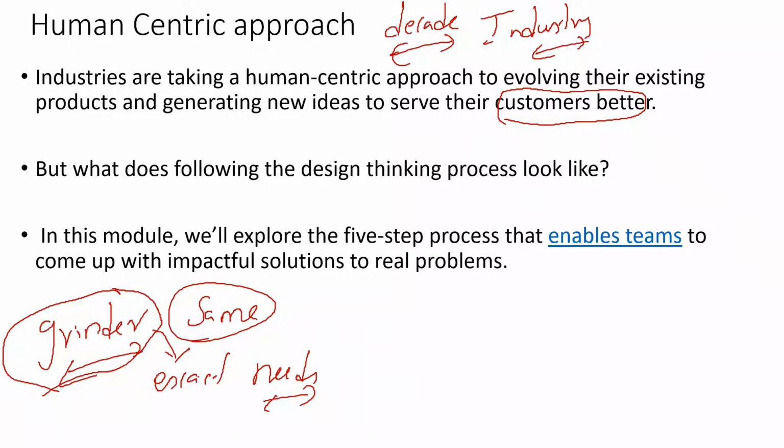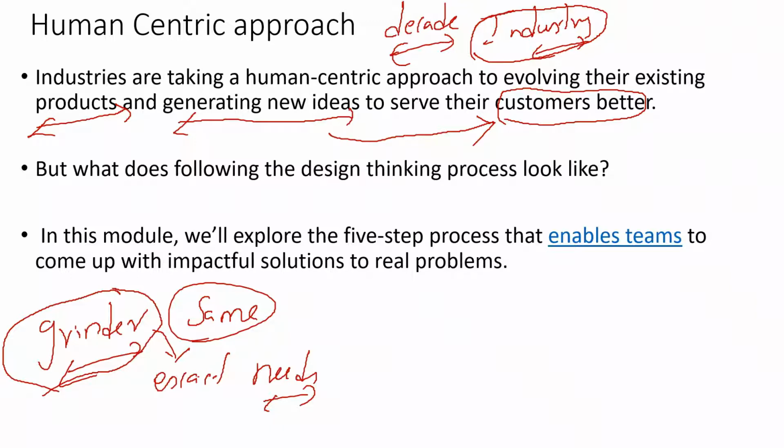But at present we have a lot of models, a lot of designs, and the main reason is the industry has started to think about generating very new ideas that will contribute to production of new products that will serve the customers in a much better way than previously, right?